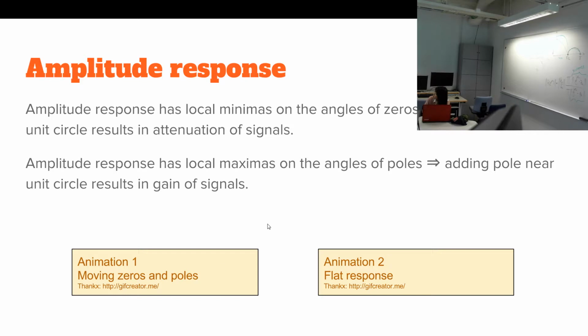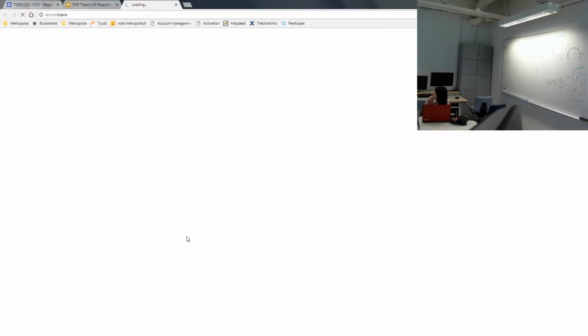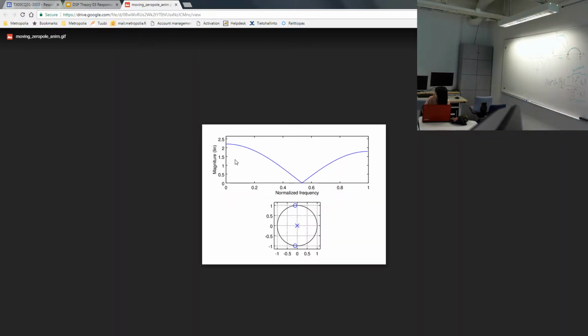A couple of animations more. Yes, they are there. I'll just run them. Ooh, that's nice. That's us changing the zero location. So basically that gives the infinite attenuation on a certain angle.